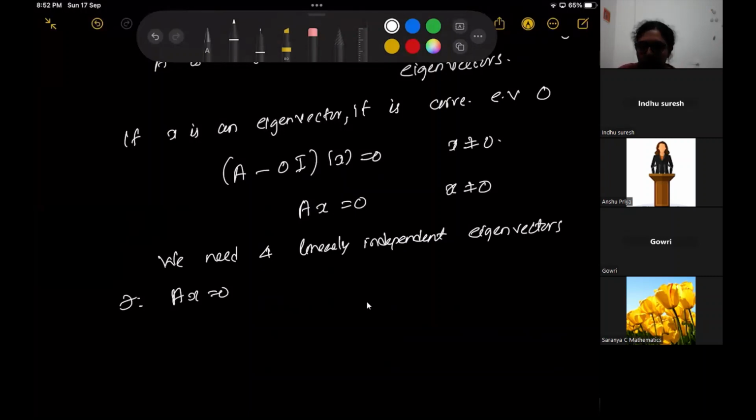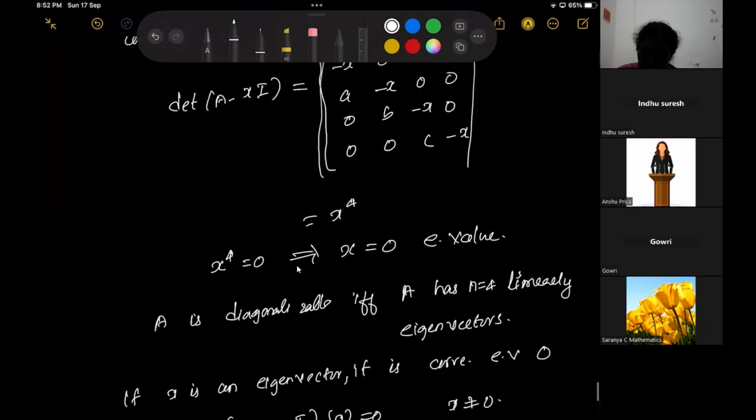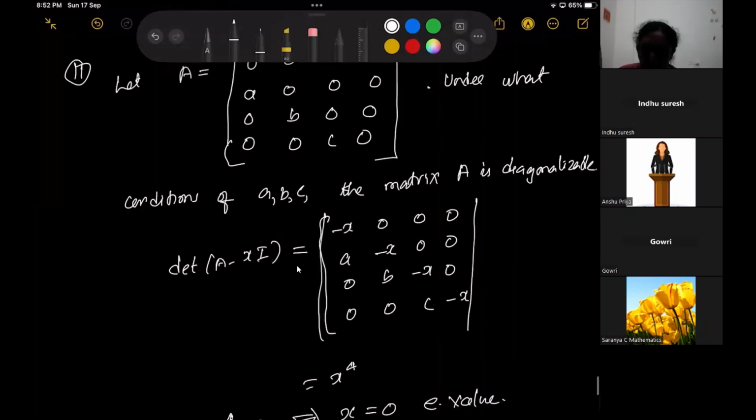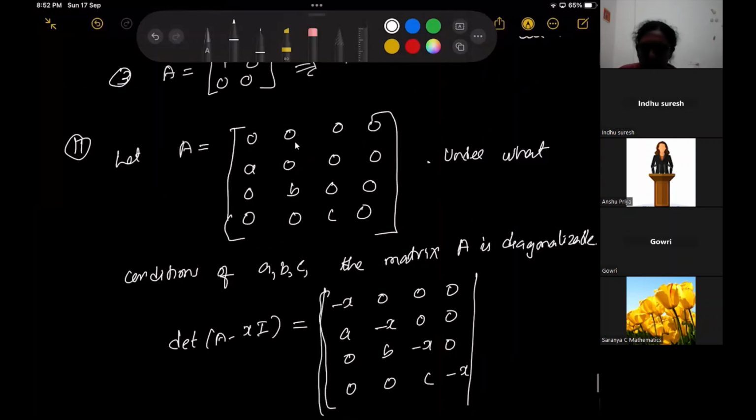Correct? Is this possible, 4 linearly independent eigenvectors for Ax equals 0?